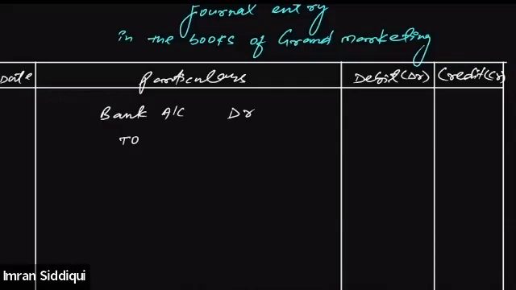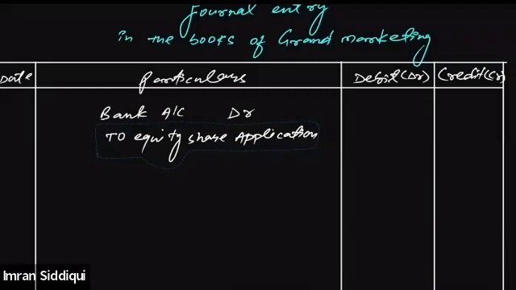Bank account debit to equity share application. The public will first of all apply for the shares, to equity share application. When the company issues shares, the first thing that will happen is the public will apply for the shares, and along with the application, the public will pay some amount.